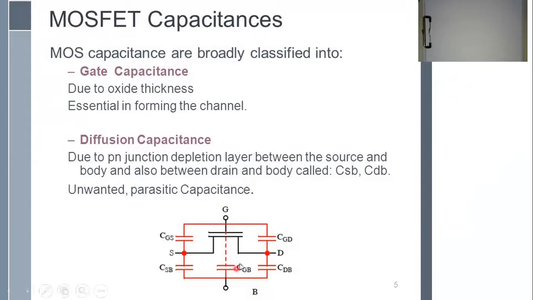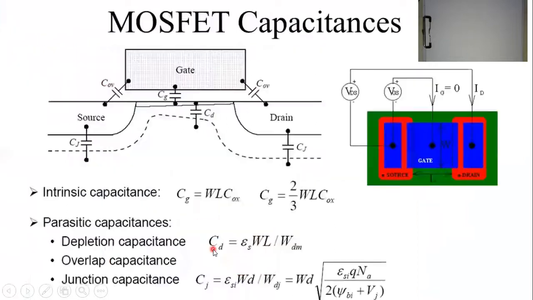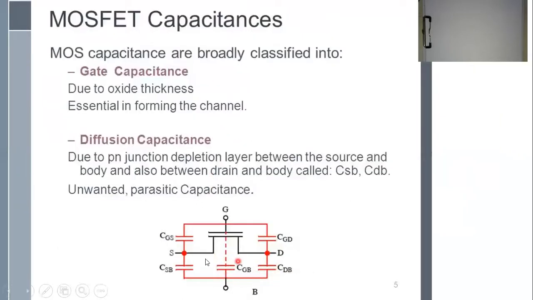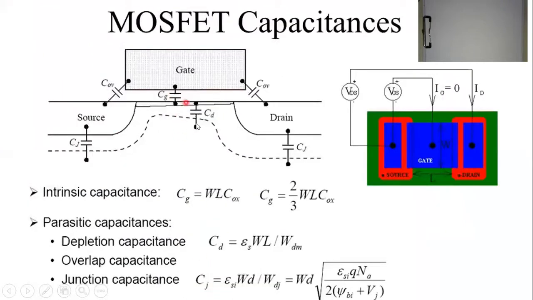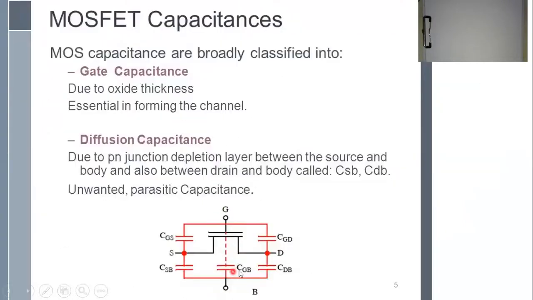So here, as you can see, we have this gate body capacitance, gate drain capacitance, drain body capacitance, gate source capacitance, and source body capacitance. So we have here five capacitances, which is, I think, similar to what we have here. Just here we combine both in one capacitor, which is this one. So in this model, you have two connected capacitors here, and we have summed them in one capacitor here, as you can see.